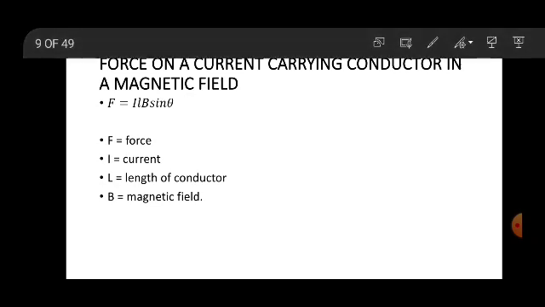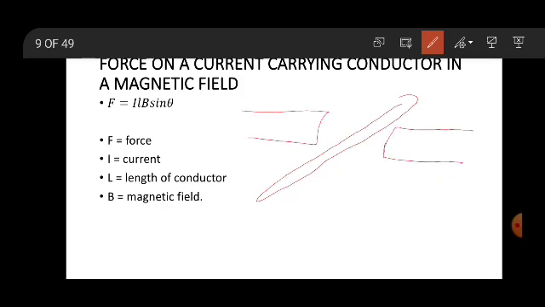Okay, so that leads us to the force on a current carrying conductor in a magnetic field. What we saw earlier was the force on a charge moving in a magnetic field, but here we are looking at the force on a current carrying conductor in a magnetic field. To explain that, let's say we have a conductor this way, placed in between two magnets, and let's say this is the north and south pole.